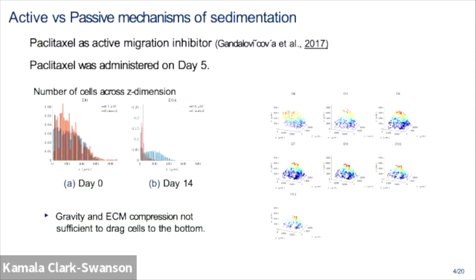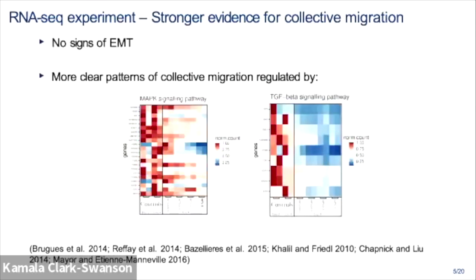We introduced it on day 5, and as you can see in these histograms of the number of cells across the Z dimension, initially they are similarly distributed, but at day 14, the control, untreated samples have gone to the bottom, but the paclitaxel-treated samples maintain elevated positions. You can also see on the right panel the 3D coordinates of these samples. As a result, gravity or ECM compression, the passive mechanisms of this hypothesis, are not sufficient to drag the cells to the bottom of the space. So we have ruled out the possibility of passive migration.